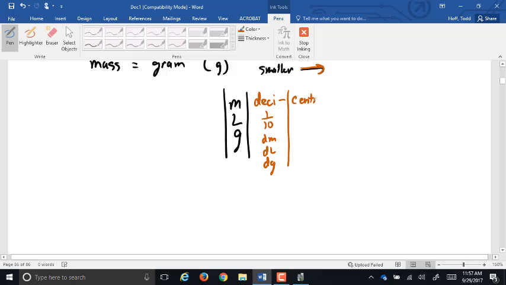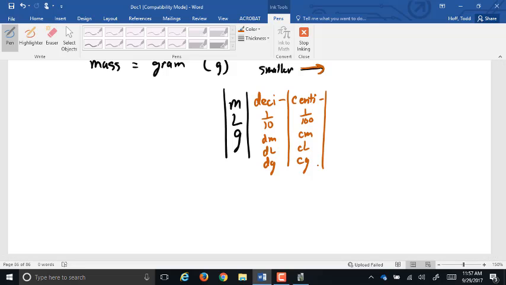The prefix centi was 1/100th. So cm for centimeter, cl for centiliter, or cg for centigram is 100th of a meter or liter or gram.